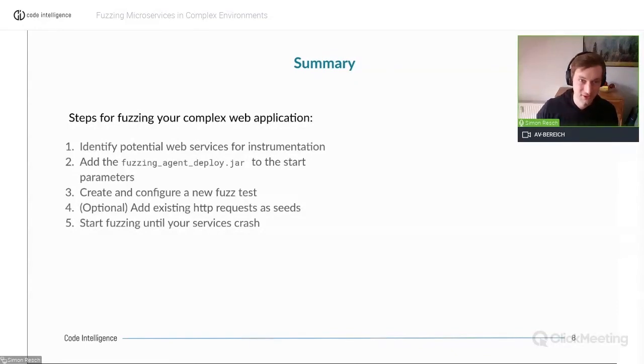The cron job triggered services didn't really, but there were 2 that made a lot of sense because they're running together. Then we added the instrumentation capability by adding the fuzzing agent to the Java start. Then we quickly configured the fuzz test and also gave an HTTP request as a seed for the fuzzer to get started. And that was basically it. Then simply start the fuzzer and wait until all the bugs have been collected.